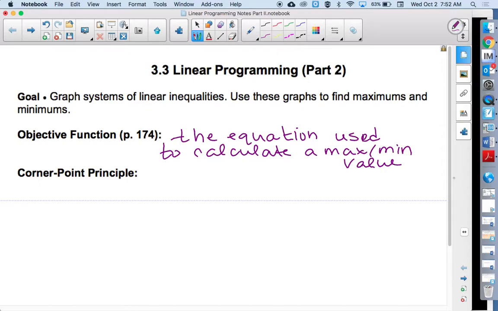But our objective function is going to be this equation that we're going to use to find either a maximum profit or a minimum cost, whatever the application happens to be asking us. And that's actually the final part of the problem that we will look at.